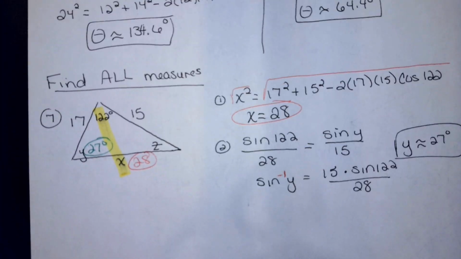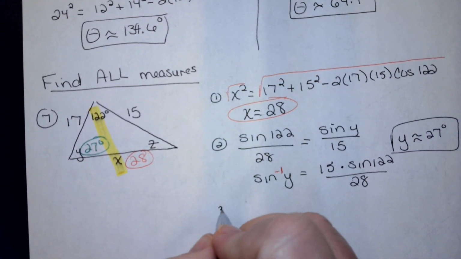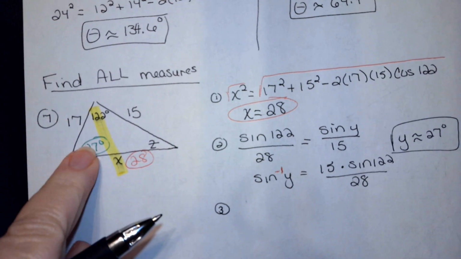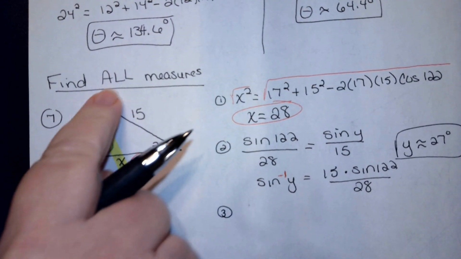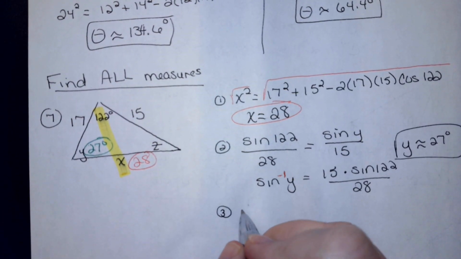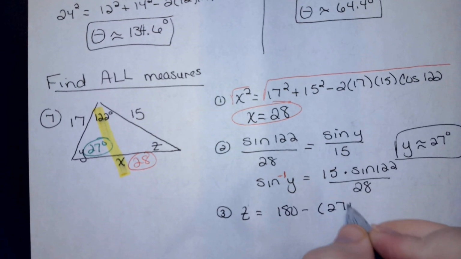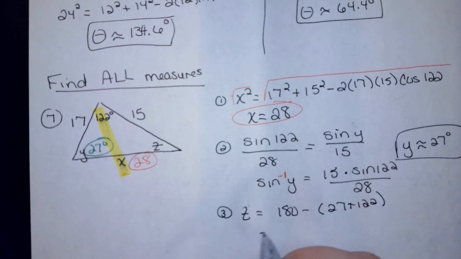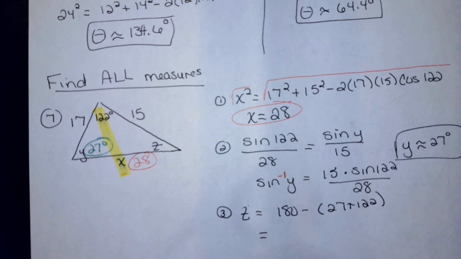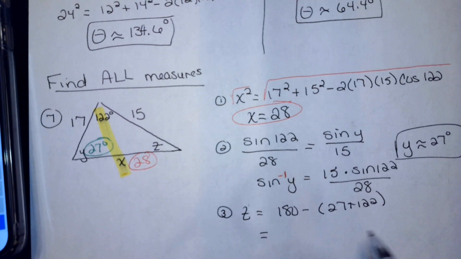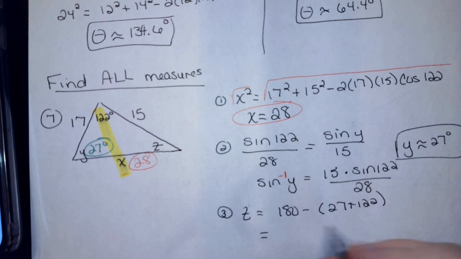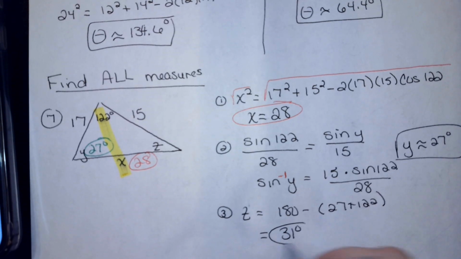Now, our last step to find angle Z, that's the easy one. We know two angles of a triangle, and all three angles are supposed to equal 180. So to find Z, that's going to be simply 180 minus the sum of 27 plus 122. That's 149, and 149 taken from 180 gives us 31 degrees.